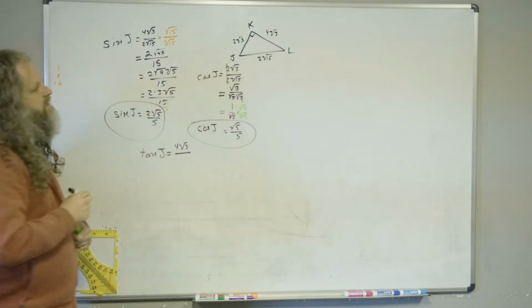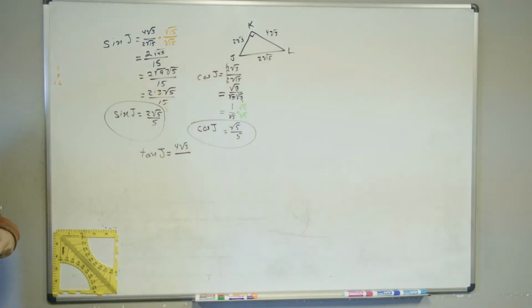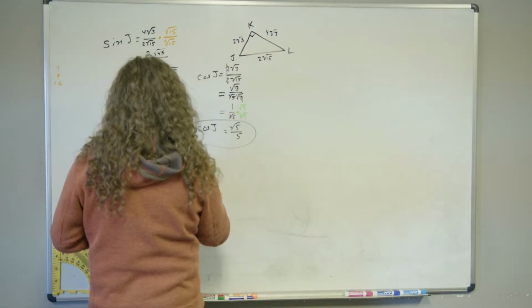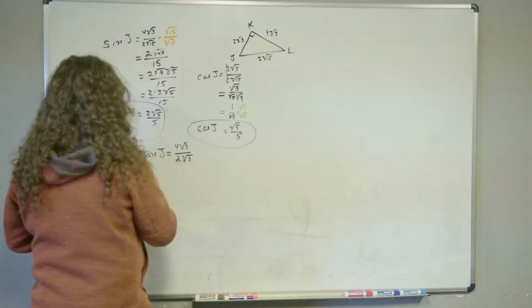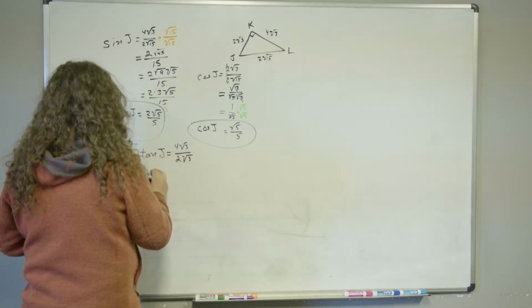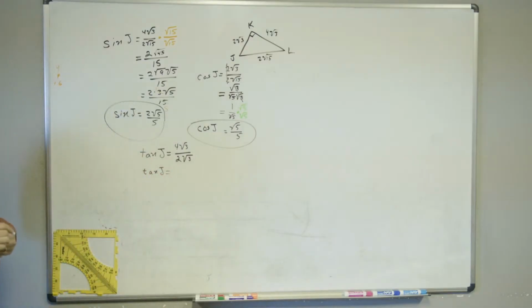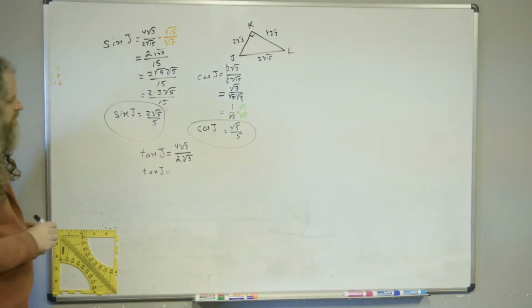And what is adjacent to j? 2 times square root of 3. What's going to happen to the square root of 3 over square root of 3? They're going to cancel. What's 4 divided by 2? It is 2.